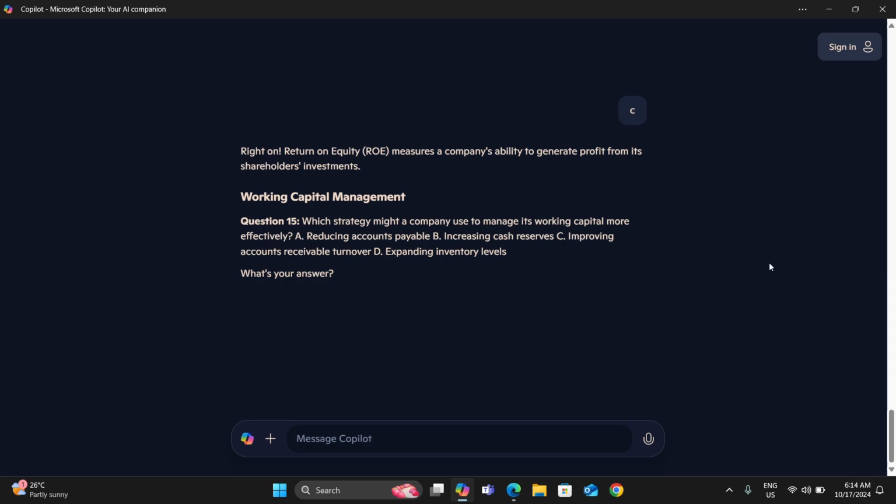So meaning you have to produce a lot of inventories, for example, and there are sacrifices on the working capital side, like you have to sacrifice cash, you have to sacrifice something in order to expand your inventory levels, and you have to assume risk because if your inventories are perishable or can be spoiled immediately, then expanding inventory levels is very much risky, right? So I'll answer letter C. This is nice.